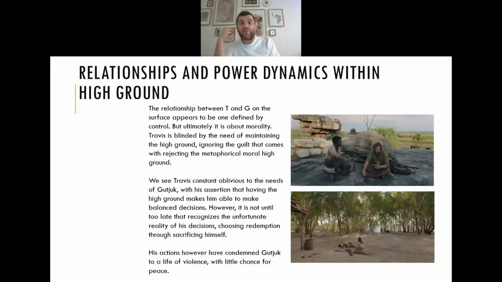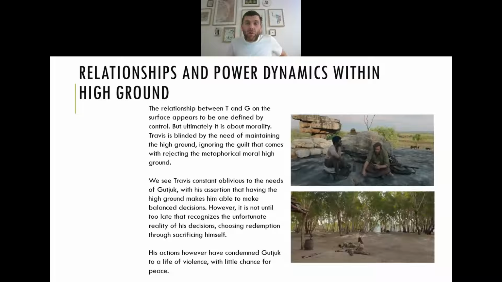So when he takes Gutjuk out of the pond at the start during the massacre, he essentially condemns him to a life of having to live with settlers, and he becomes almost an outcast with his own people. Because he's grown up as a settler, away from the Yolngu people, he has a warped vision of who he is, and Gilweri says that.